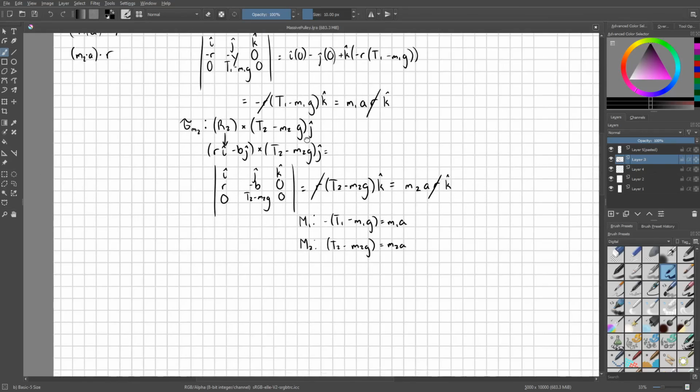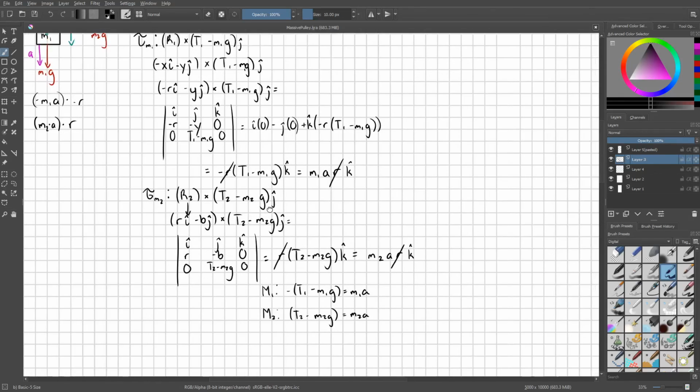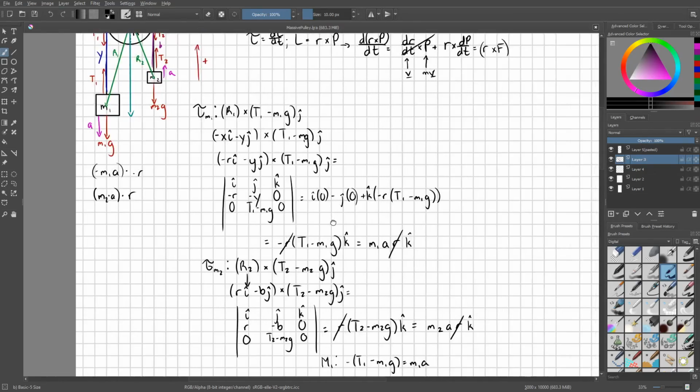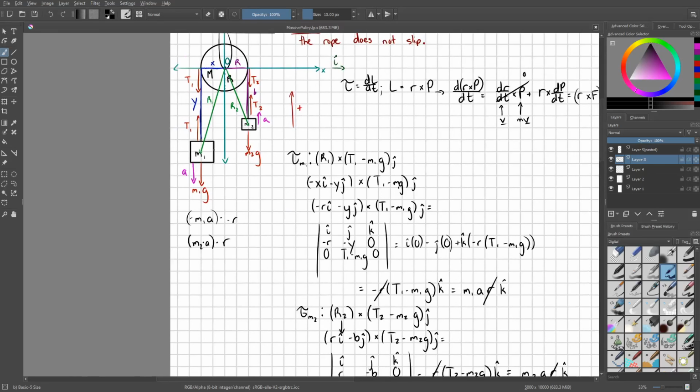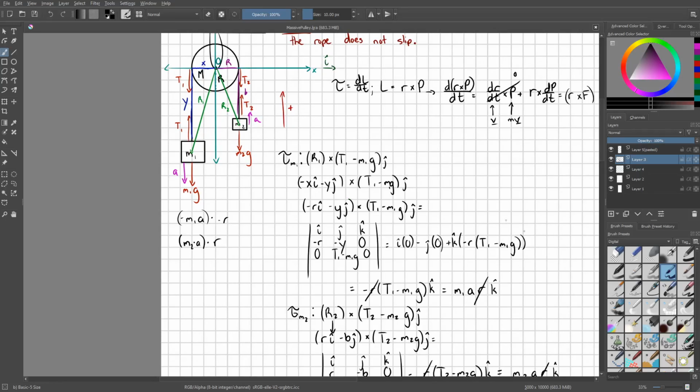And clearly what you're seeing is that we went through all this work with torque. We could get these same results just by using the free body diagrams, not worrying about our origin point, and just writing down force equations for each of these masses.